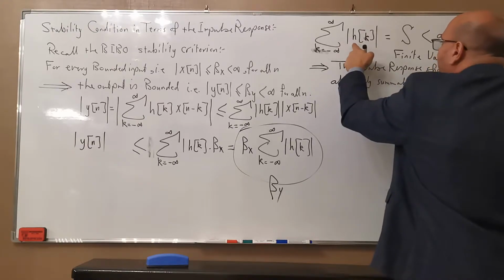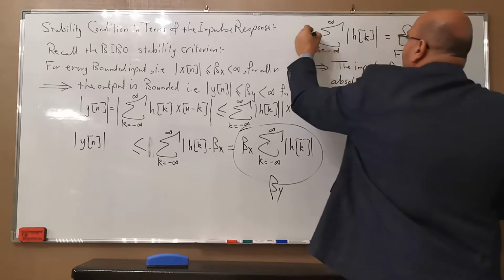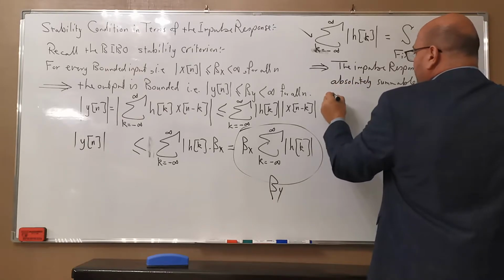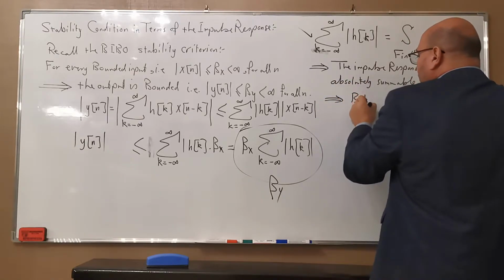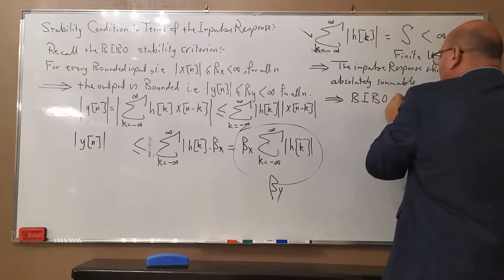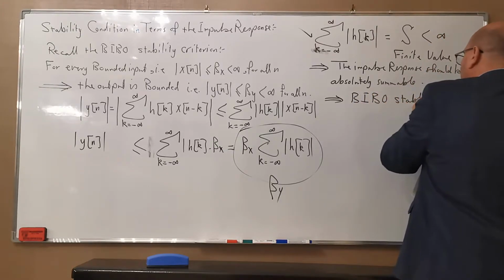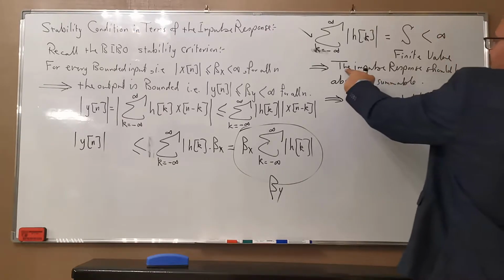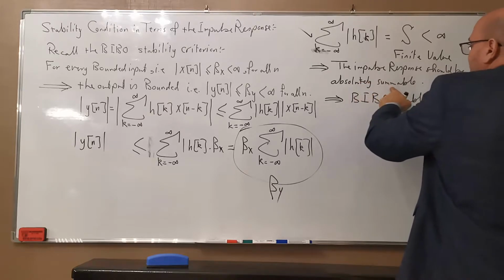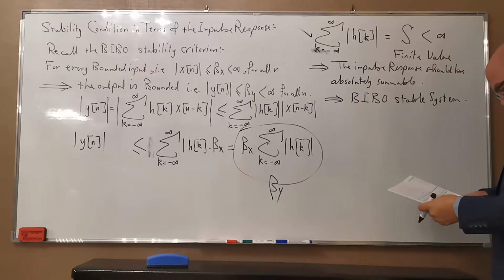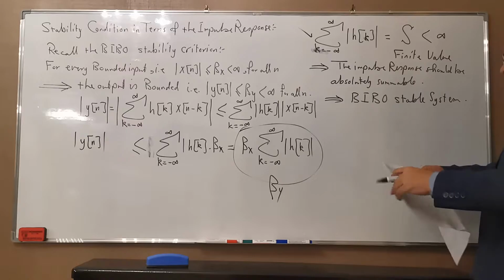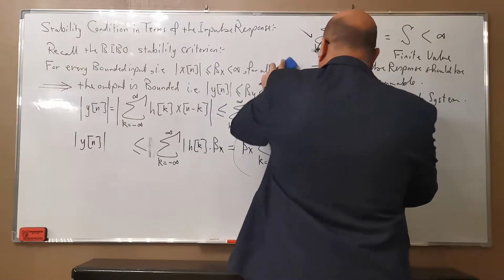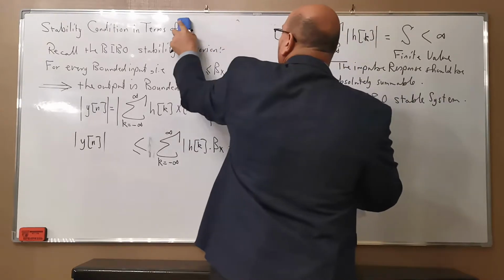If this sum equals s less than infinity, then your system is BIBO stable. If the impulse response is absolutely summable, then the system is BIBO stable. Okay? We'll see this in a while by an example.